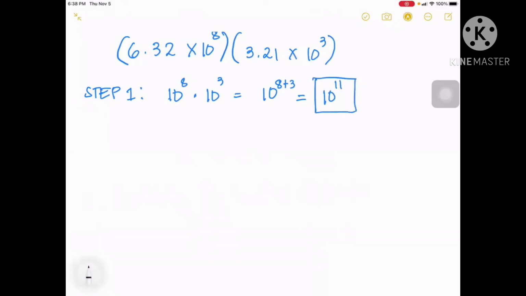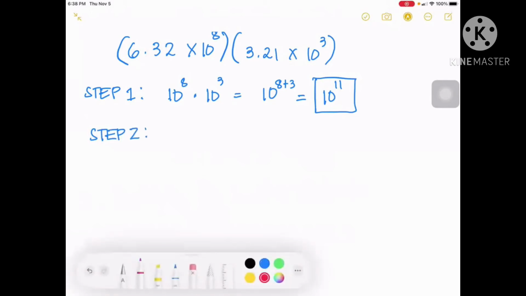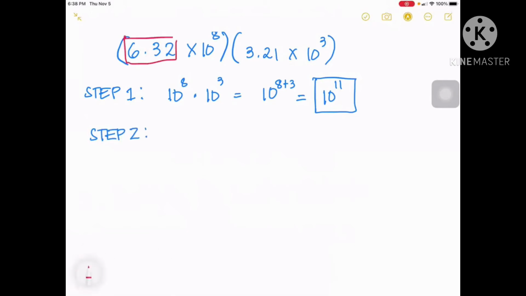Okay, and step two, of course, let us multiply 6.32 and 3.21. So 6.32 times 3.21. 2 times 1, that will give you, since this is 1, just copy.